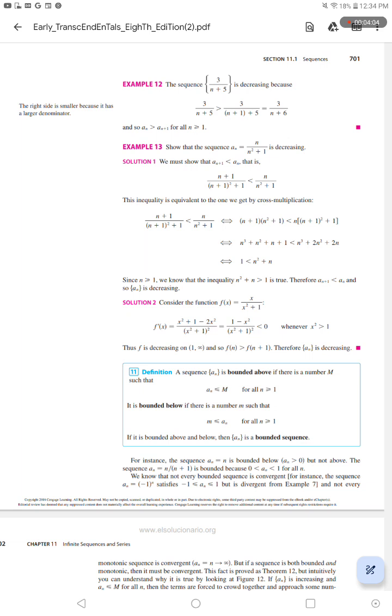It is bounded below if there is a number m such that m is less than or equal to a_n for all n greater than or equal to 1. If it is bounded above and bounded below, then (a_n) is a bounded sequence.